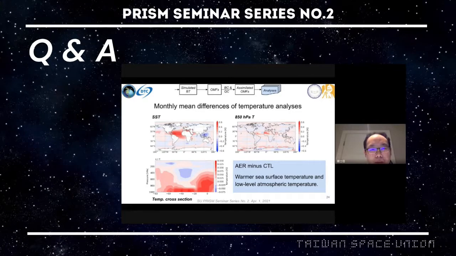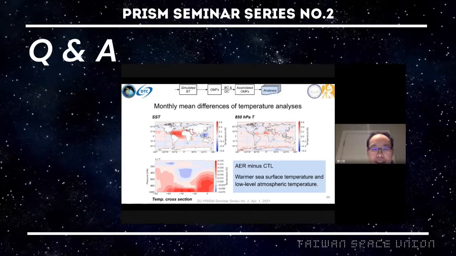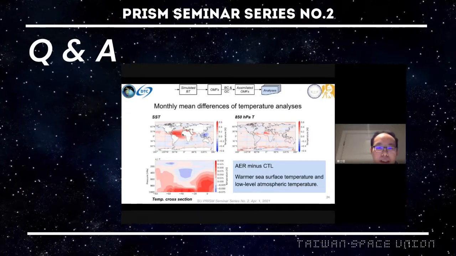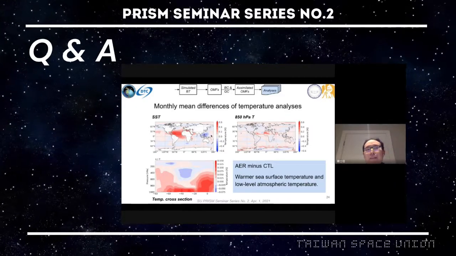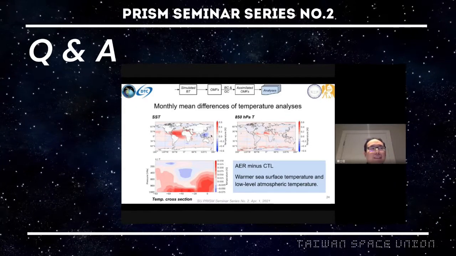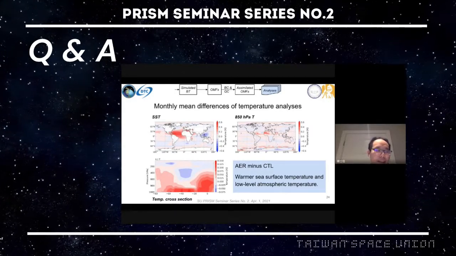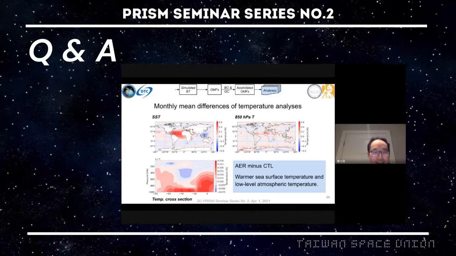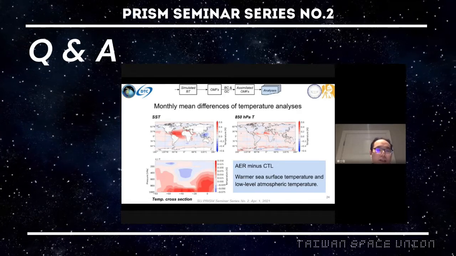For this question, about the different response for the Atlantic region and the West Pacific region, I think the dominant factor is the original forecast, the sea surface temperature forecast in the model.